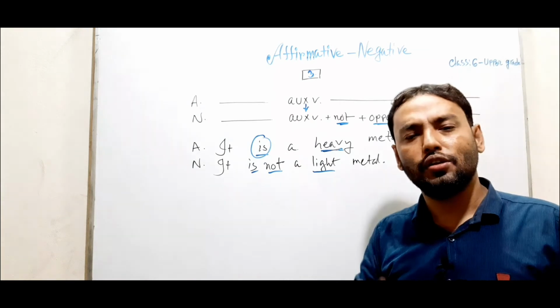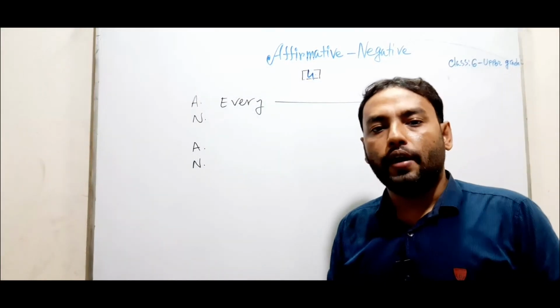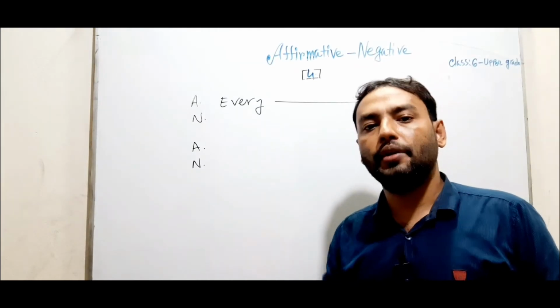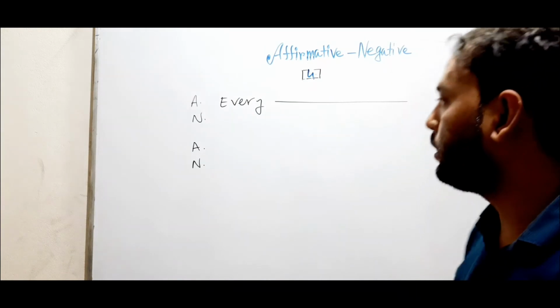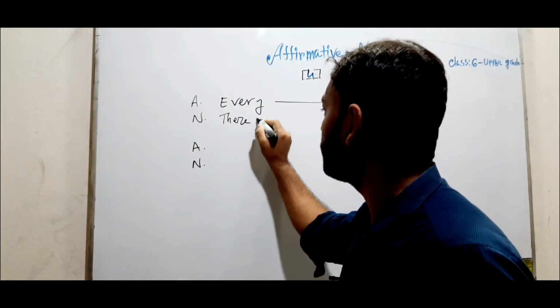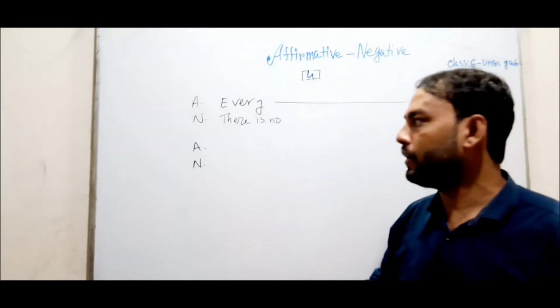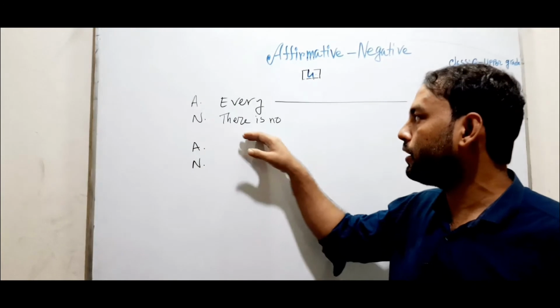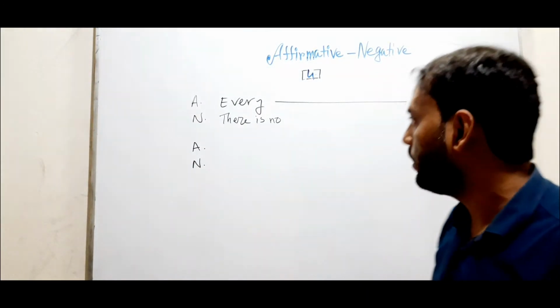My dear students, rule number 4. Whenever you find every at the beginning of a sentence, to make it negative, you will have to write there is no. Instead of every, we will write there is no, but don't write every.